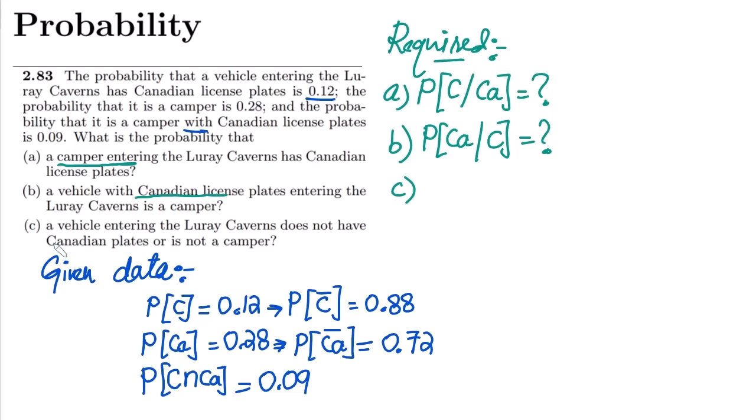And in part C, a vehicle entering the Lure Caverns does not have Canadian plates or is not a camper.